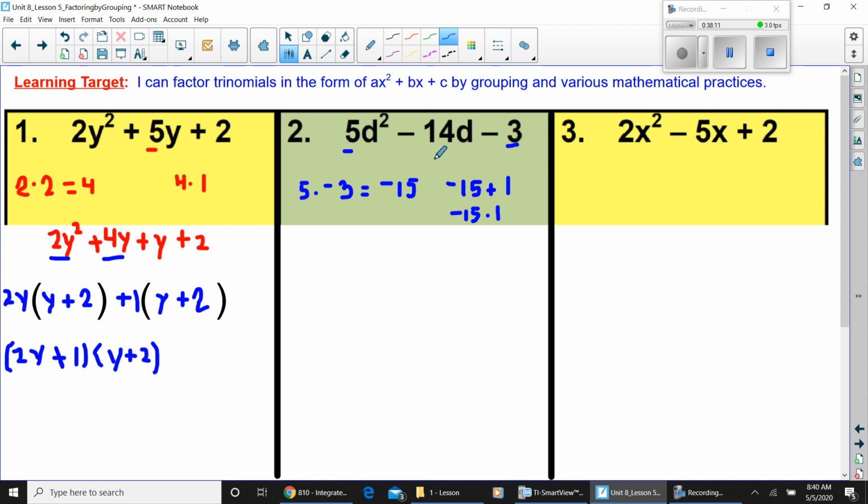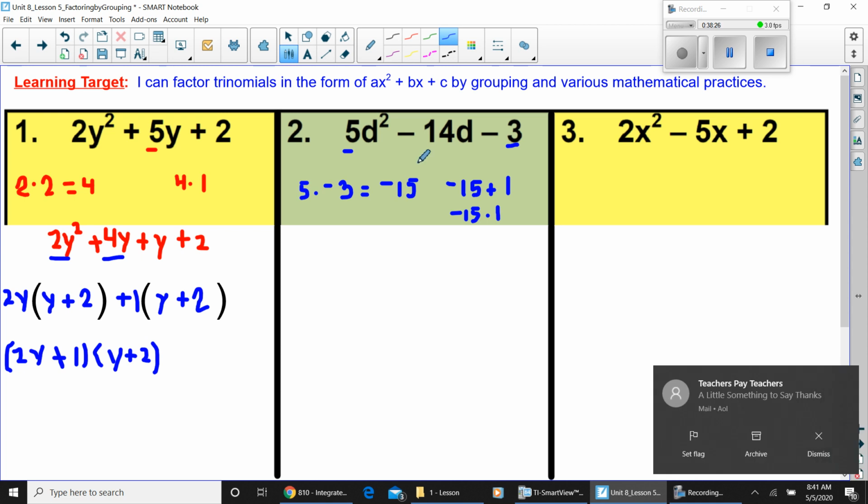All right, so now I multiplied a and c to get negative 15. Then I have to pick two factors that multiply to negative 15 but add to negative 14, and that is negative 15 and 1. So I am going to bring down the 5d squared.